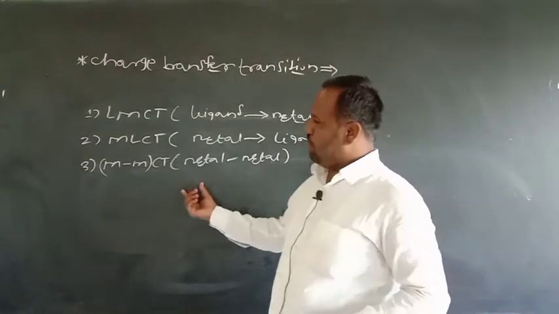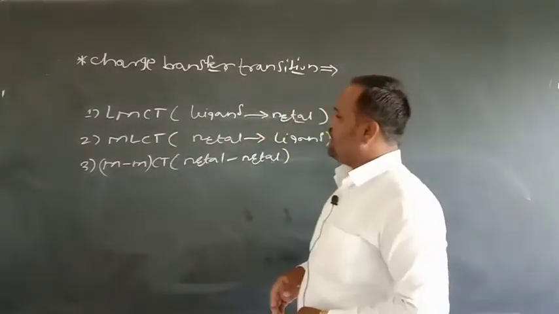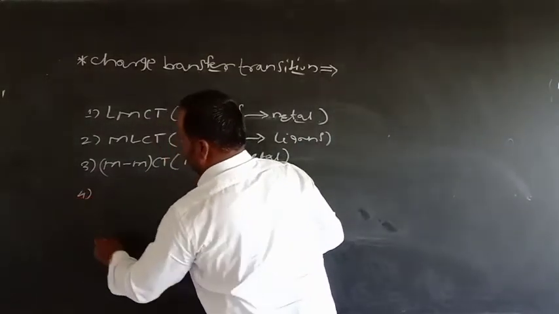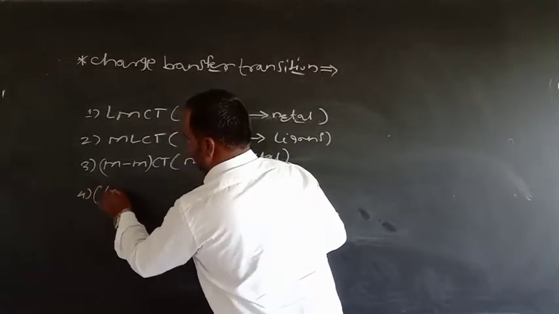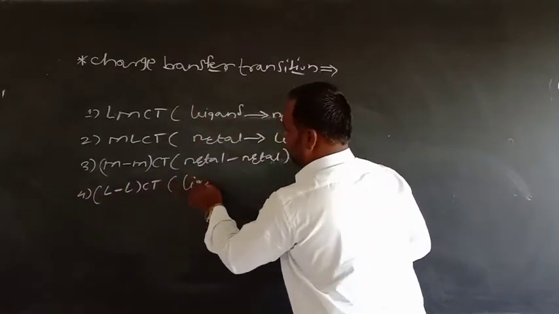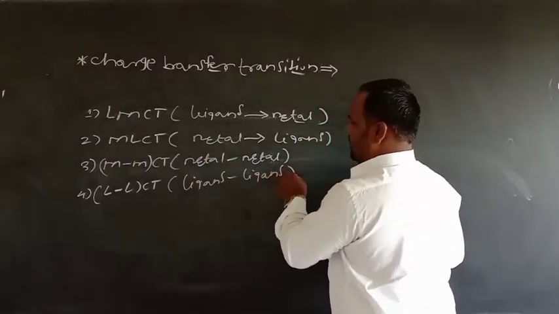Transition of an electron from one metal to another metal is known as metal to metal charge transfer transition. And another type is ligand to ligand charge transfer transition.